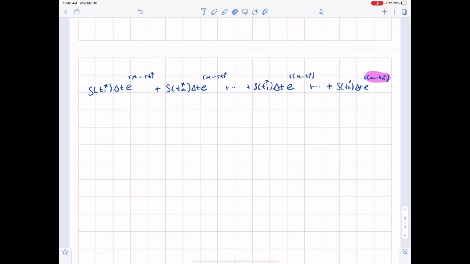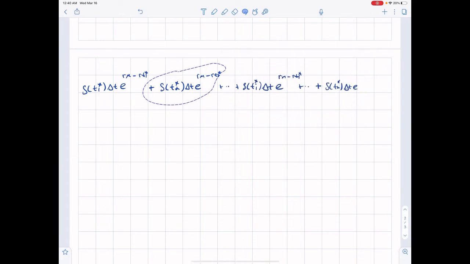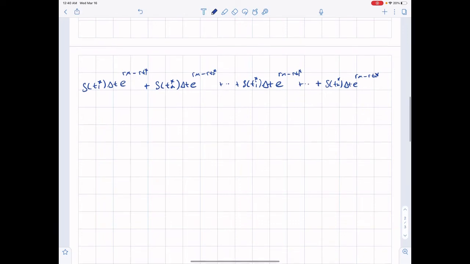I can distribute all the way through. This is e to the rm minus r ti star. And the last one is going to be e to the rm minus r tn star.